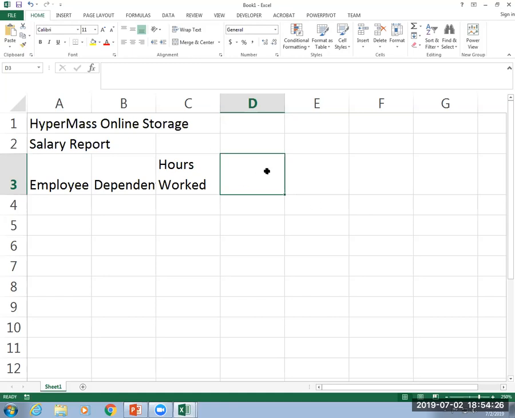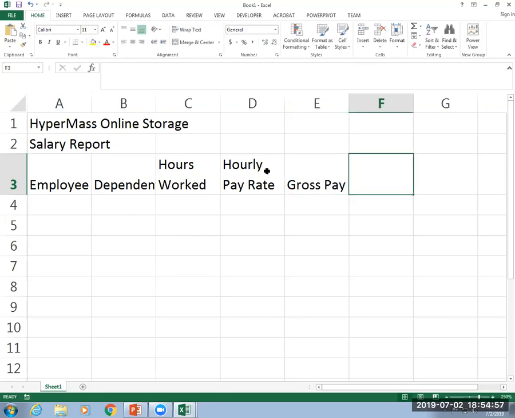All right. So in D3, they want us to do "hourly," and then Alt Enter, and then "pay rate," because they want hourly pay rate to go on one line and wrap it on the Y in hourly. And then in E3, they want gross pay.